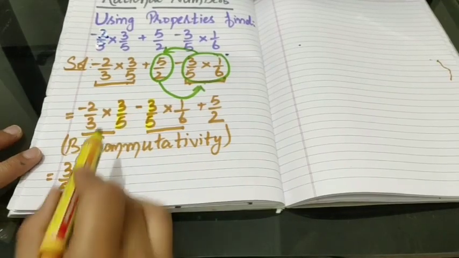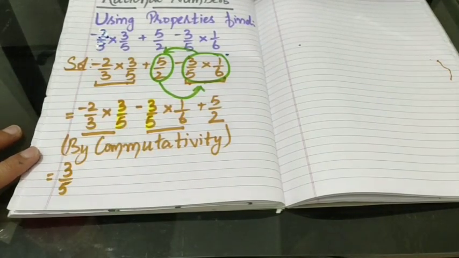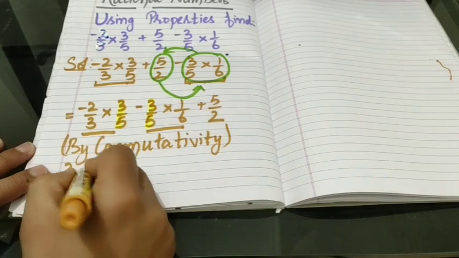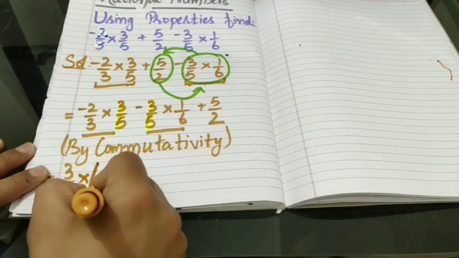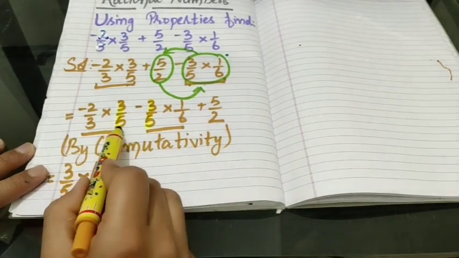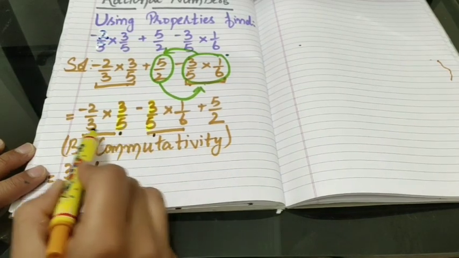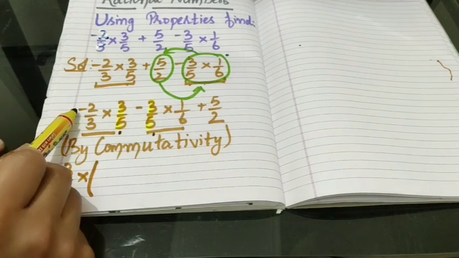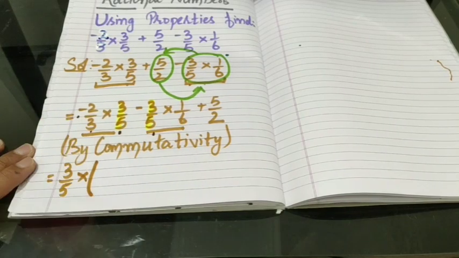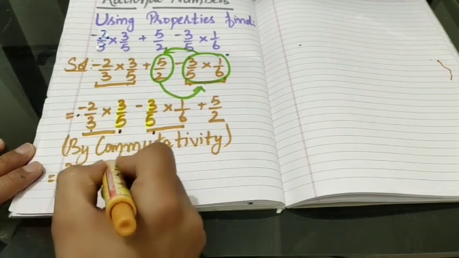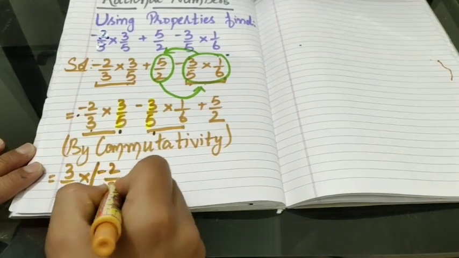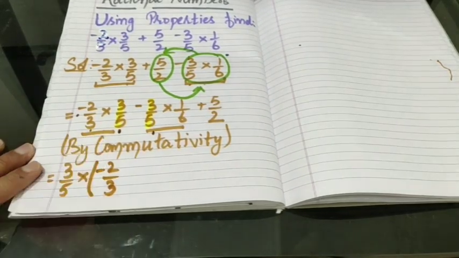So from these two, when we take 3 upon 5 common, what are we left with inside a bracket? Since 3 upon 5 is common from here as well as from here, from the first term we are left with one negative sign and the other is 2 upon 3. So we write minus 2 upon 3 corresponding to the first term.